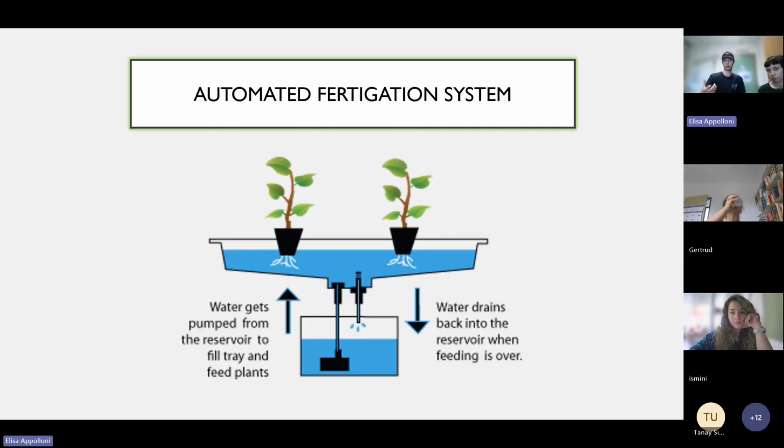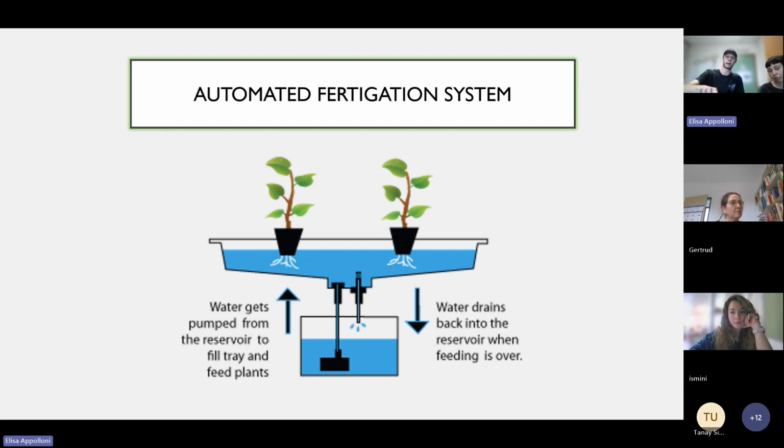There is another type of automated fertigation system, which is even more advantageous, but cannot be applied in very large hydroponic systems. That is a combination of the automated fertigation system that we have just seen and the gravity system.